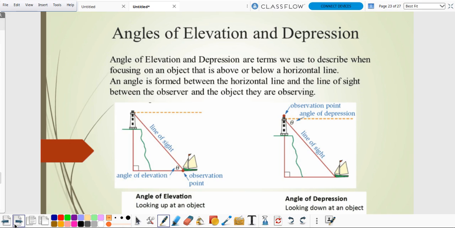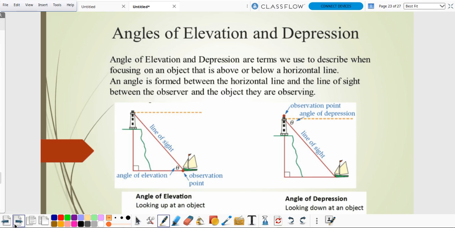The reason we have these is because you're sometimes wanting to look at something either above or below your reference point. So if my horizontal line is right there, and I'm looking at the projector, that is elevation, because I'm looking above my horizontal.